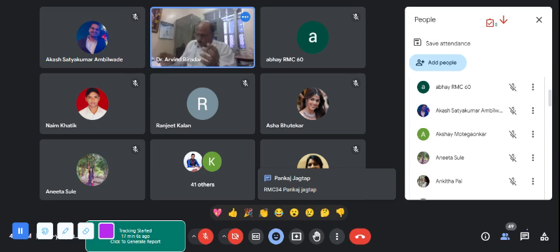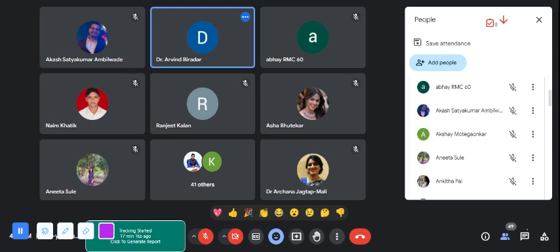So, height and weight. Another example: height and weight.